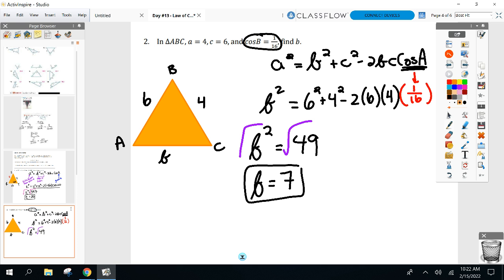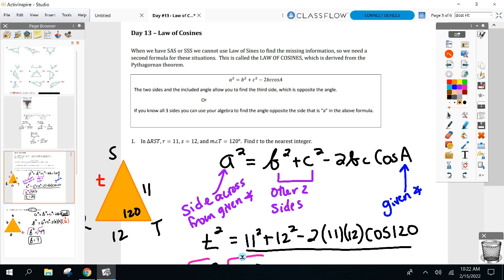Why don't we put the cosine next to the 1/16? Look, in the formula it says you need to put the cosine of the angle. I know that value, it's telling me it's 1/16. Versus number 1, see how they gave me the angle, 120. So there should have been whatever the cosine of 120 is.